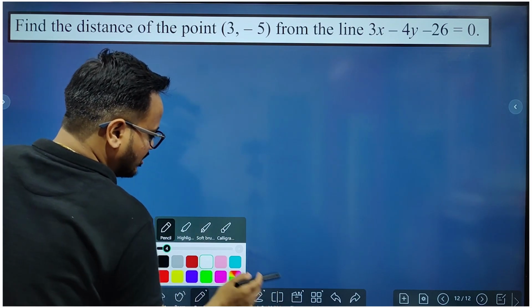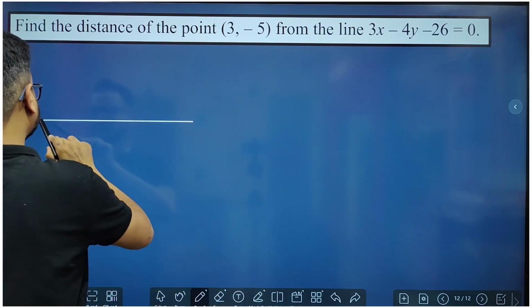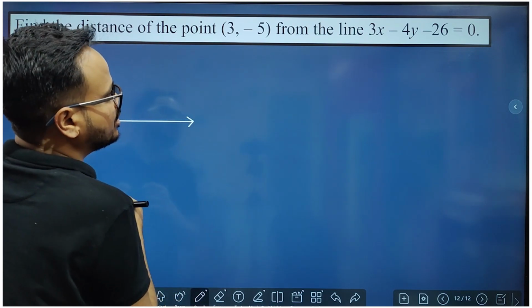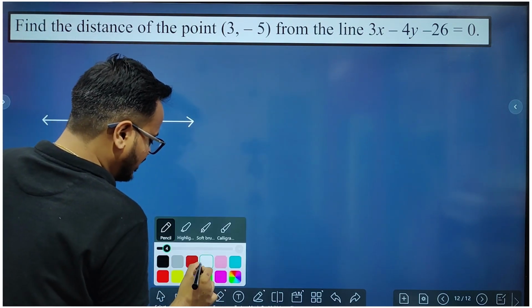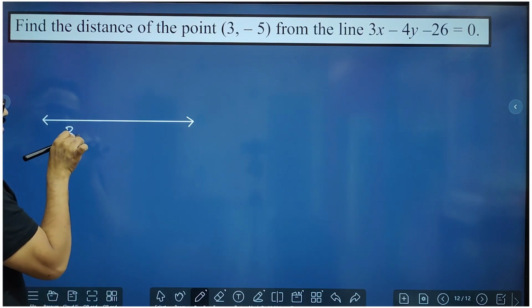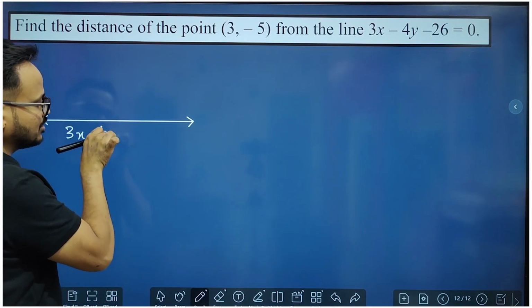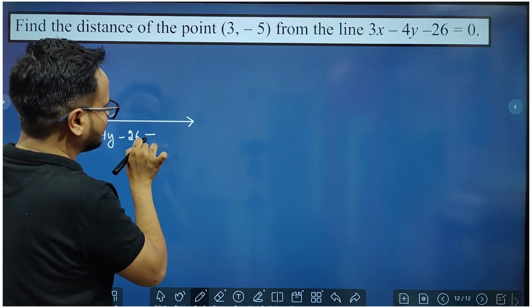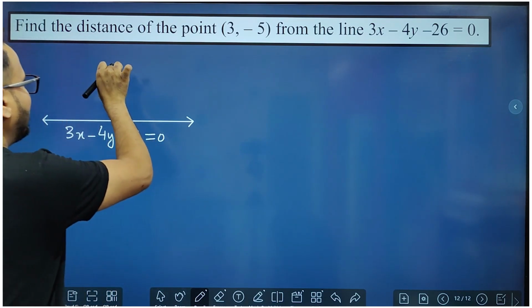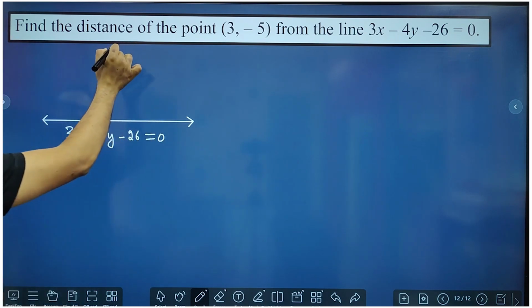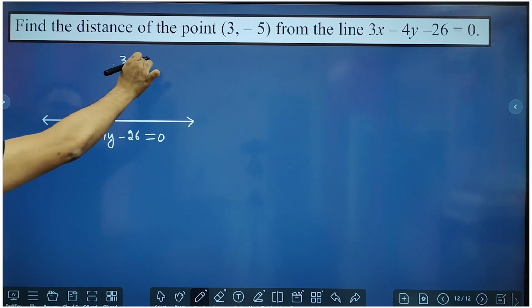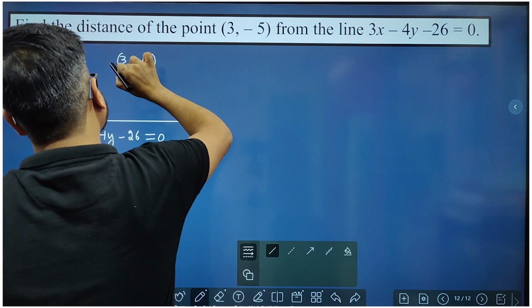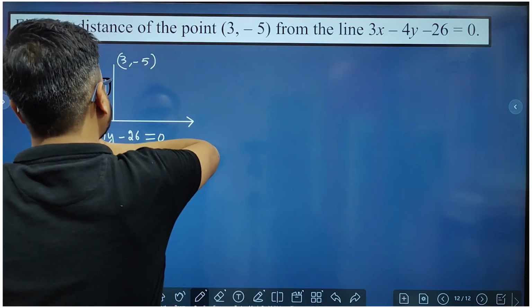For example, find the distance of this point from the given line. This is the line 3x minus 4y minus 26 equal to 0, and the point is (3, -5).